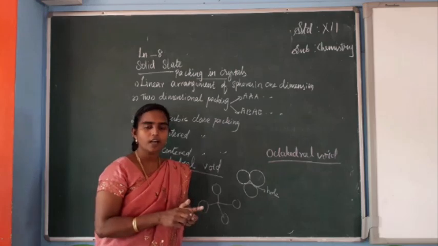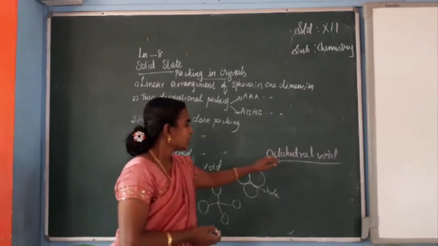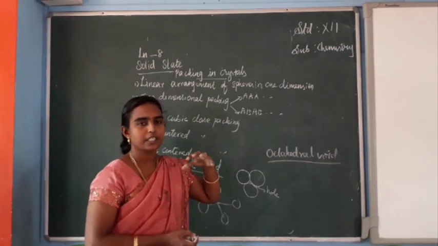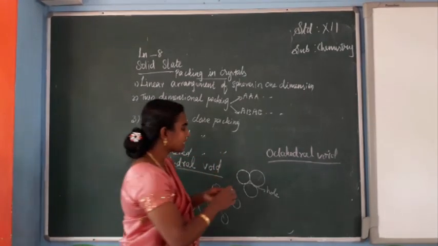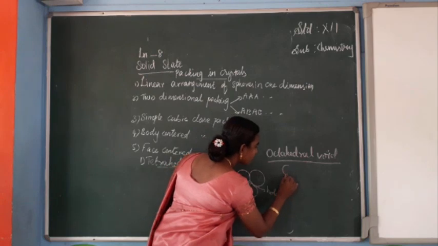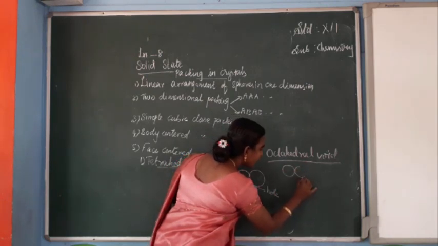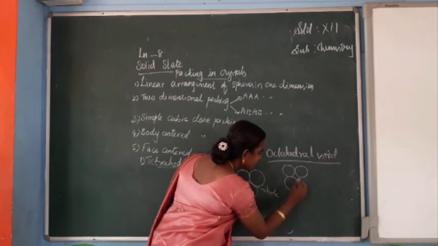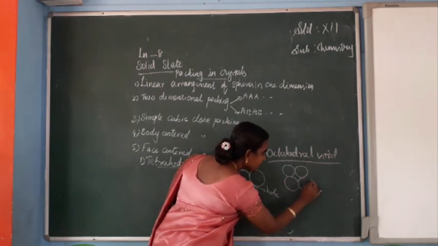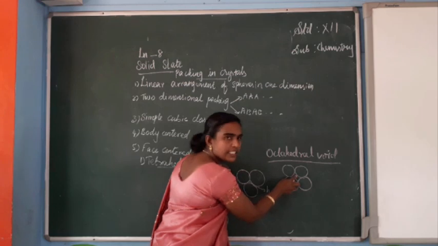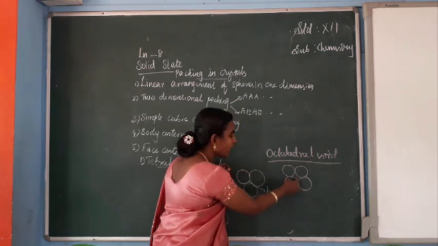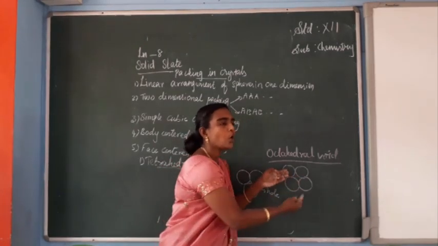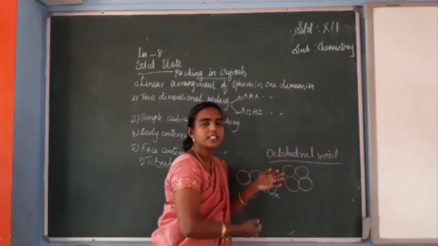Octahedral void means it should be in contact with six spheres. Consider four spheres like this: one, and here one, two, and the next one here. The next sphere is here. So a void has been created, isn't it? Over this void and below this void, two spheres are connected.